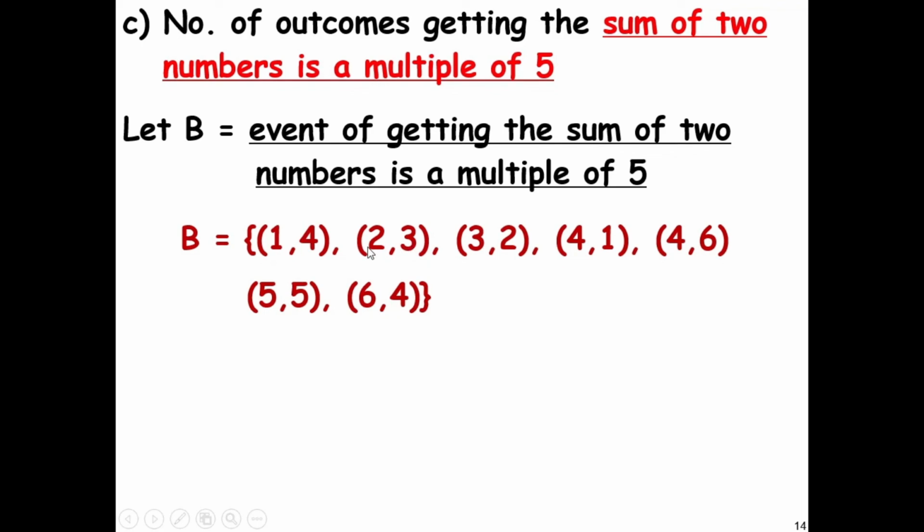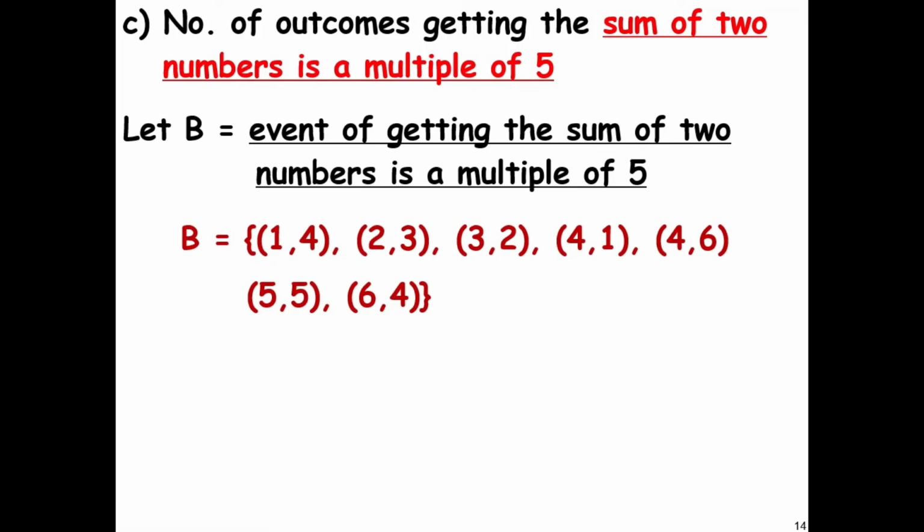When we add up 2 plus 3 is 5, then 5 is a multiple of 5. The next outcome is 3, 2. Next, 4, 1, 4, 6, 5, 5, and 6 plus 4. 6 plus 4 is 10, and once again 10 is a multiple of 5.